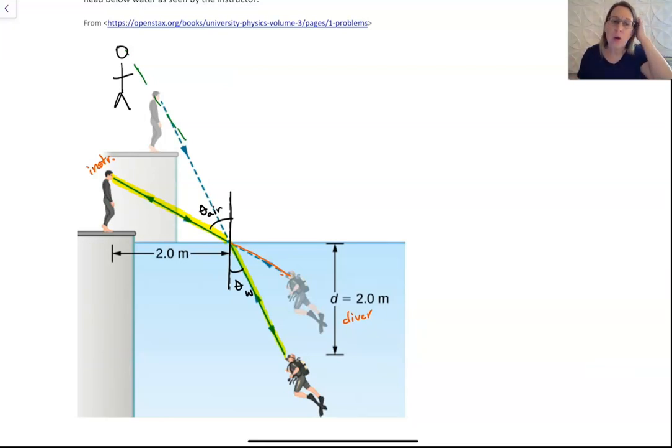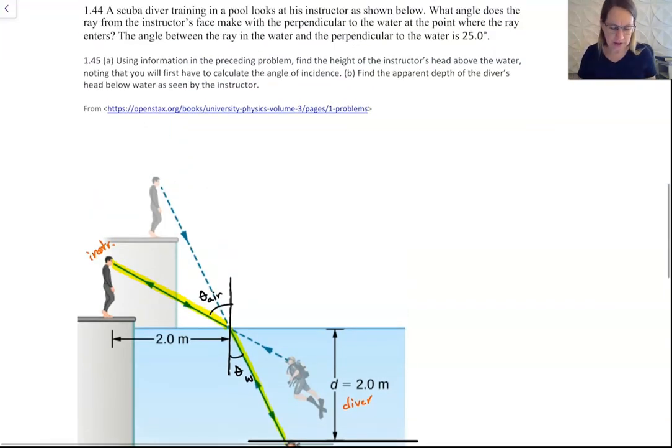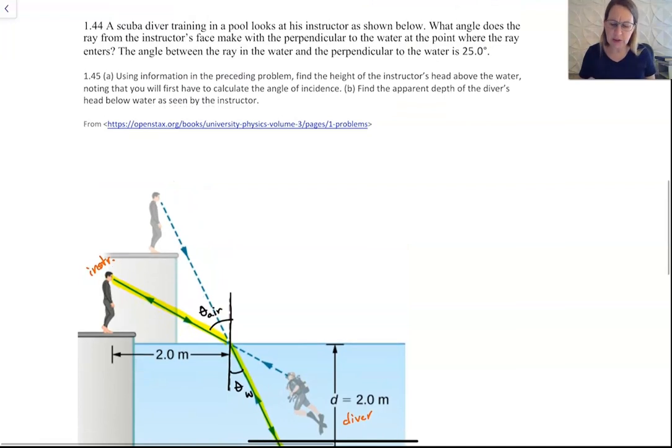I'll redraw this, but I think this picture is actually helpful. We'll just look at where it's useful and where it's not. But the main thing I want to focus on is this first piece, this highlighted ray that we're interested in, because that's really what the first question is asking. The first question says, looking at the scuba diver, what angle does the ray from the instructor's face make with the perpendicular?